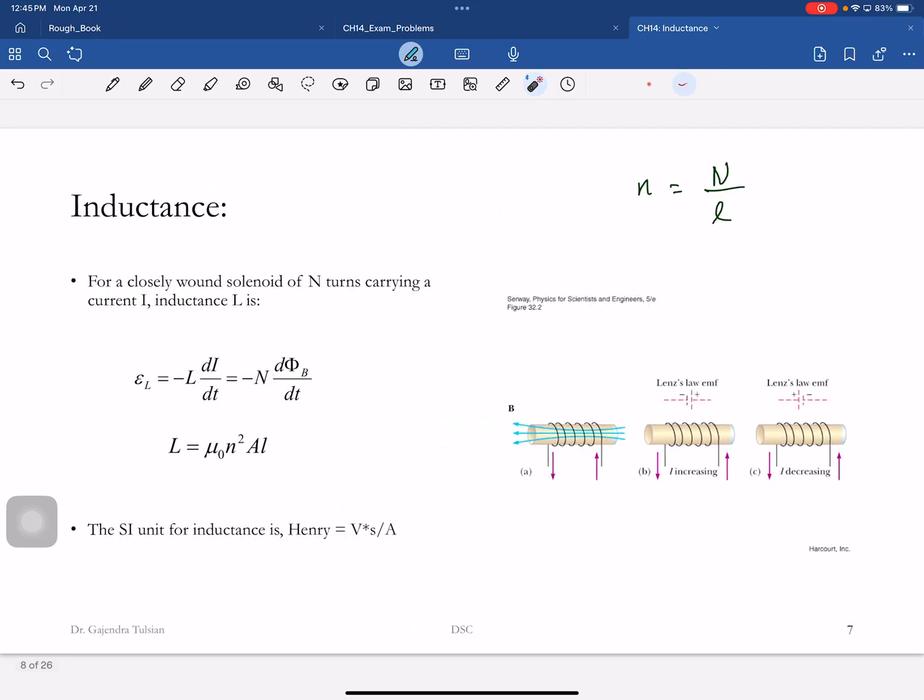All right, so again, what have we learned? That you take a straight wire and wind it into a cylindrical structure. What does it acquire? Self-inductance, which is the ability to fight against change in currents.